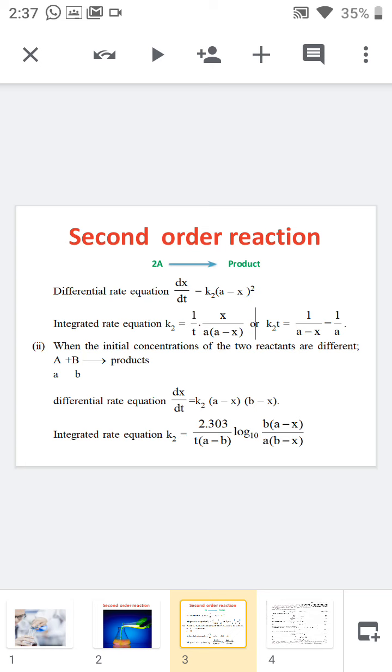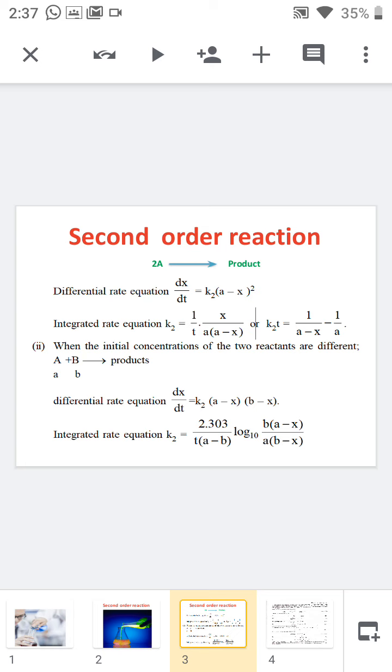So how will we write the rate expression for a second order reaction having two different reactants? We can write dx by dt, that is the change in concentration of the reactant, equal to K2, the rate constant, into concentration of A, here it is a minus x, and concentration of B, here it is b minus x.